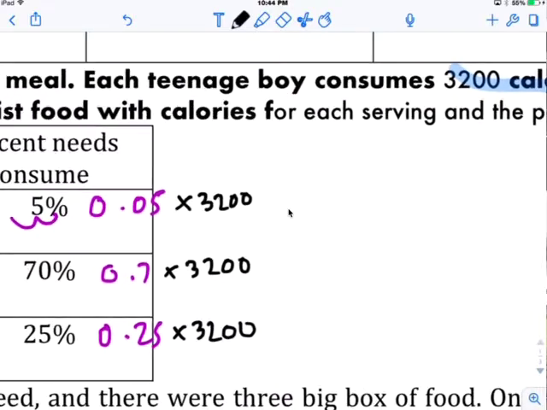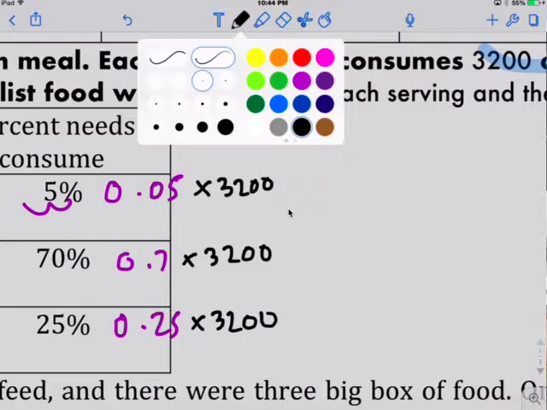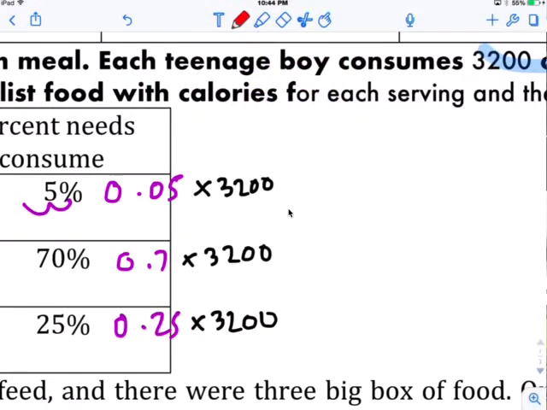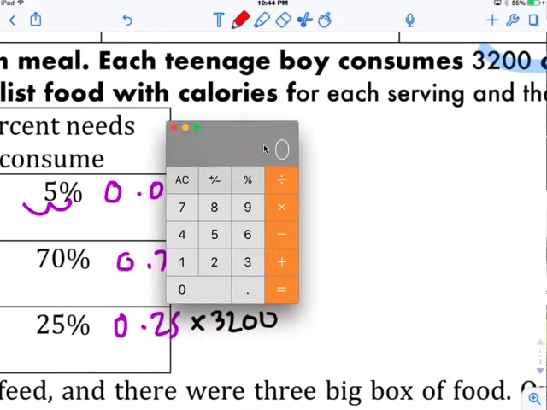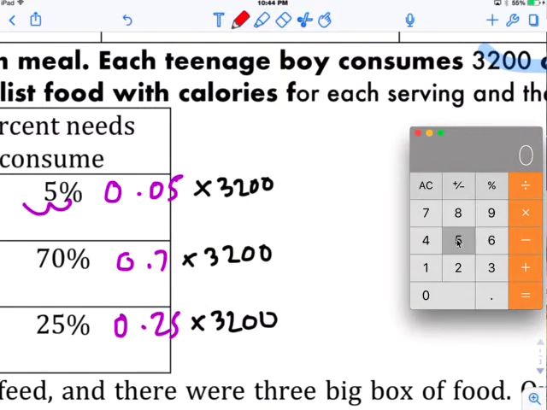Alrighty, and then you multiply that, you get 0.05 times, gosh darn it, 3,200 times 0.05, you get 8?